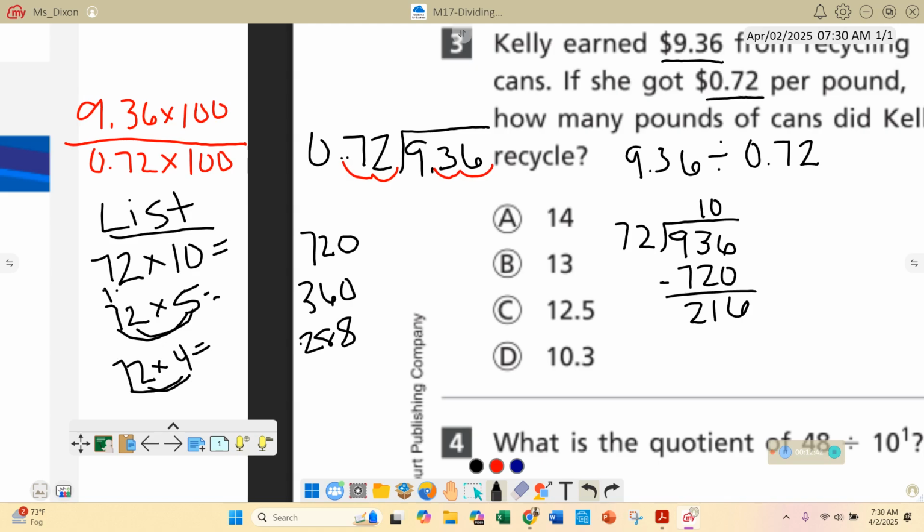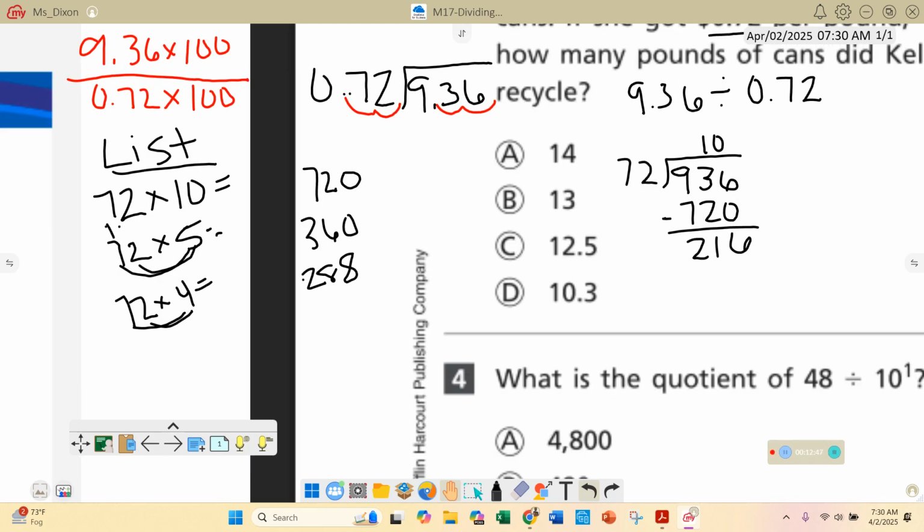So we're going to go to 3. 2 times 3, 6. 7 times 3, 21. And 3 is just enough. So 3 is going to be my next partial quotient. That's 216. Subtract, and we get 0.